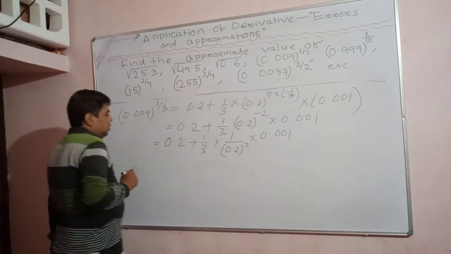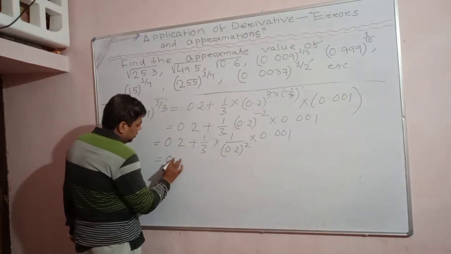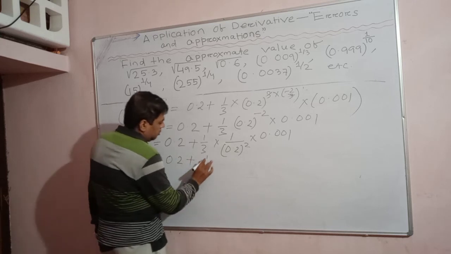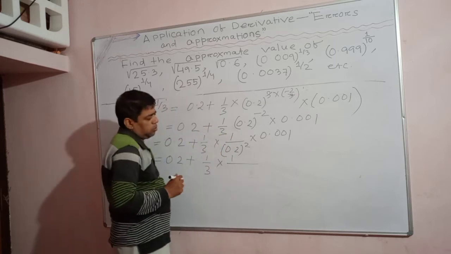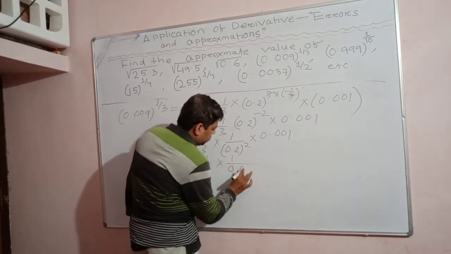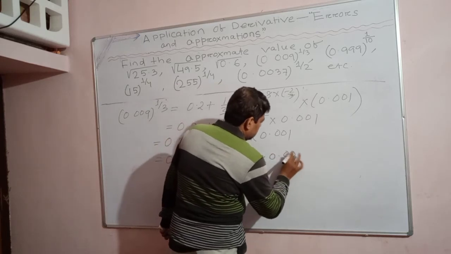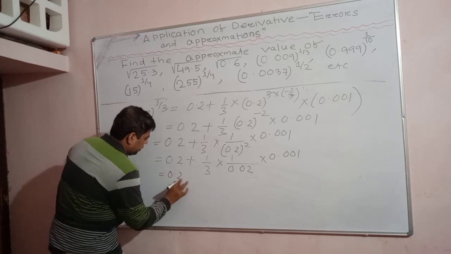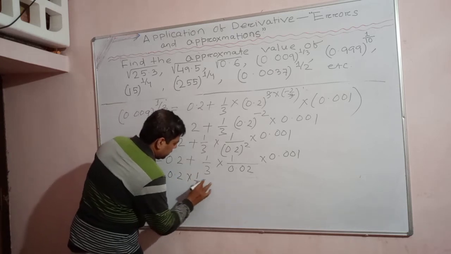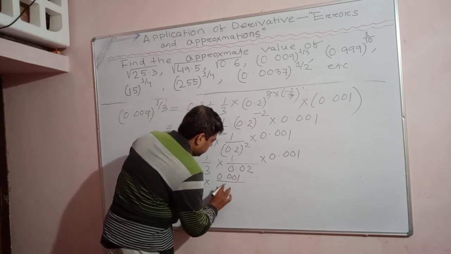Now 0.2 to the power 1 by 3 can be written, and 0.2 whole square can be written 0.04. Yes or no? Into 0.001. Now 0.2 to the power 1 by 3 into 0.001 whole divided by 0.04.